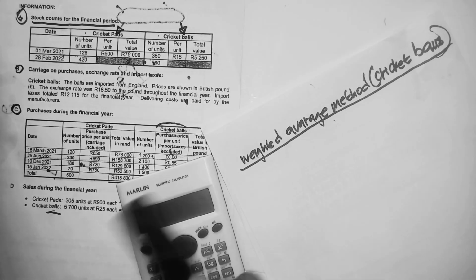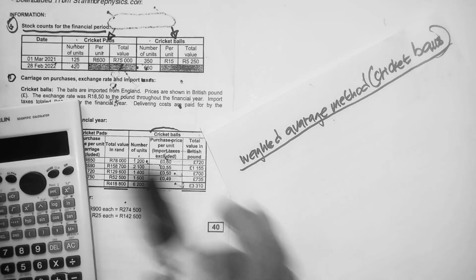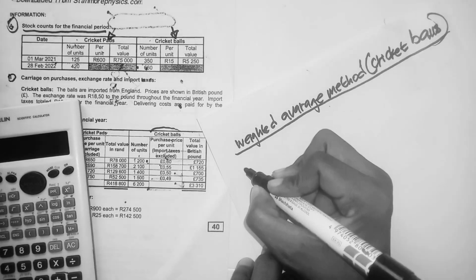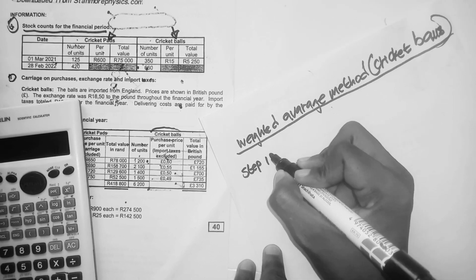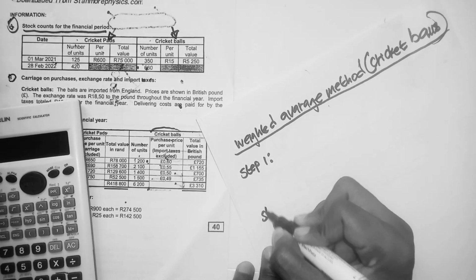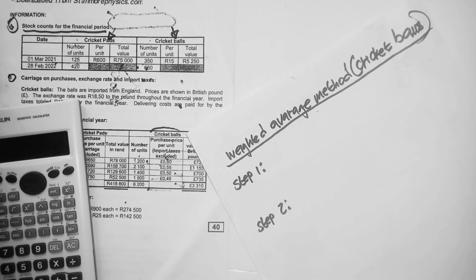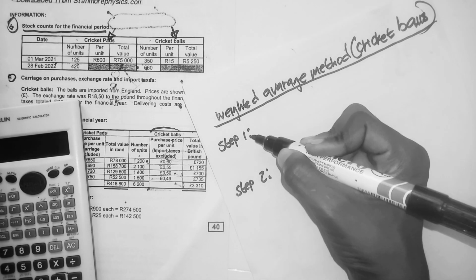A very simple thing. This is the kind of stuff that's going to score you some free marks on the exam. So for the weighted average method, we have step 1 just as with FIFO, and then we have step number 2. On all the methods, whether you're using specific identification, FIFO, or weighted average, they have the same step 1.